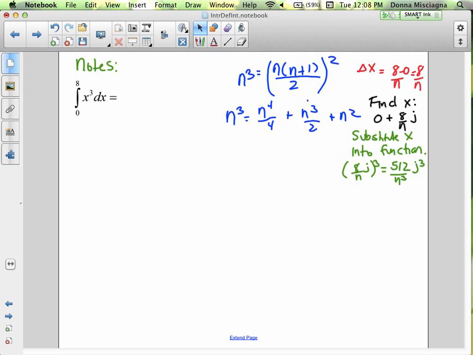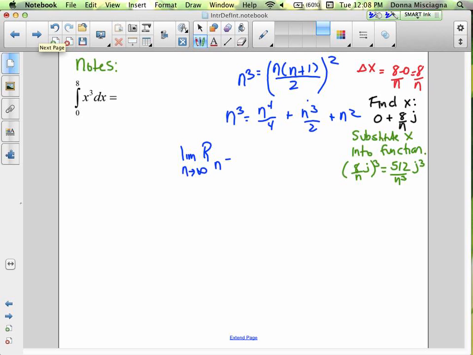All right, so now let's find the limit of the Riemann sum. So we have the limit as n goes to infinity, and it's the right Riemann sum with n subintervals, is going to be our change in x, 8 over n, times sigma. We're starting after the first increase, because this is a right Riemann sum, to n. And then we're plugging in the 512 over n cubed times j cubed.